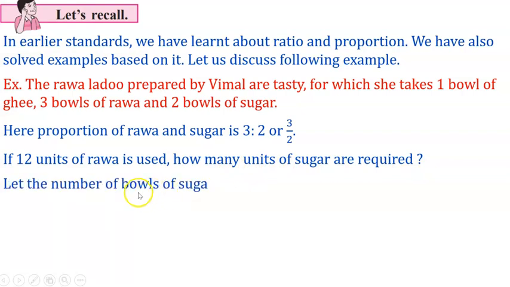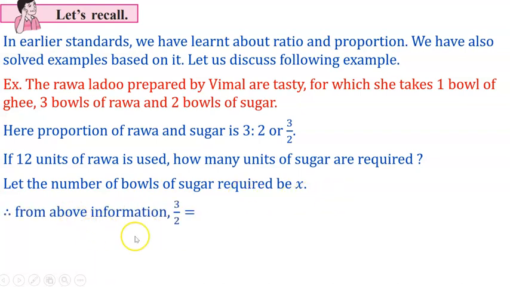Let the number of bowls of sugar required be x. From the above information, 3/2, the ratio of rava and sugar, is equal to 12 upon x. If we simplify by cross multiplication, we get 3x = 24, and hence x = 24 upon 3, so x = 8.